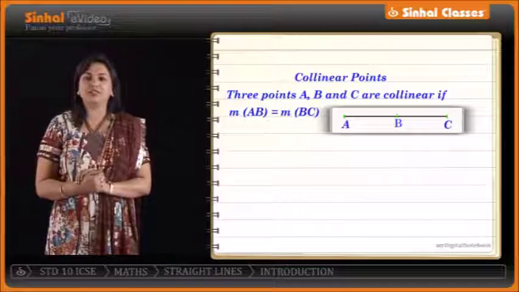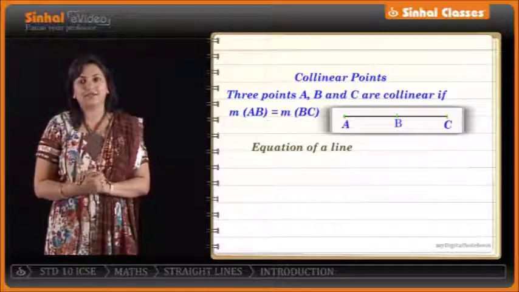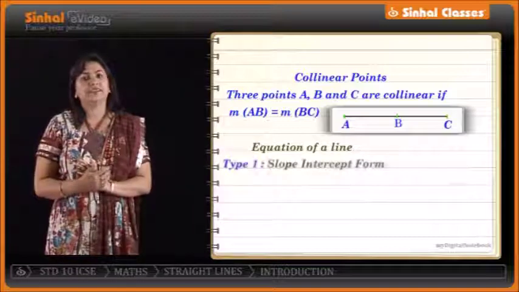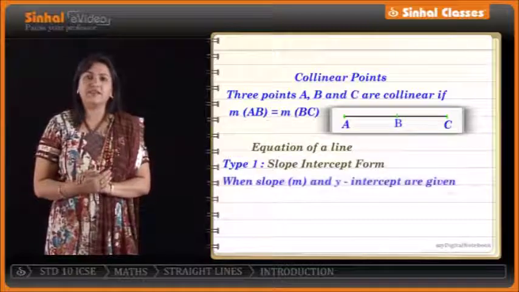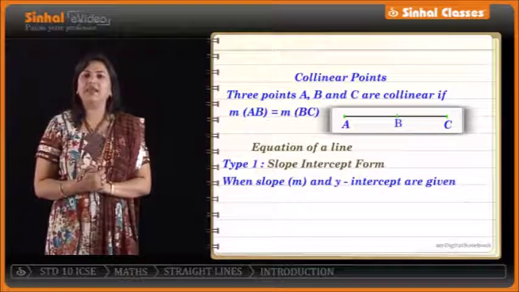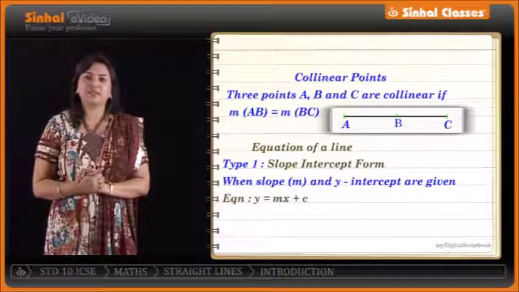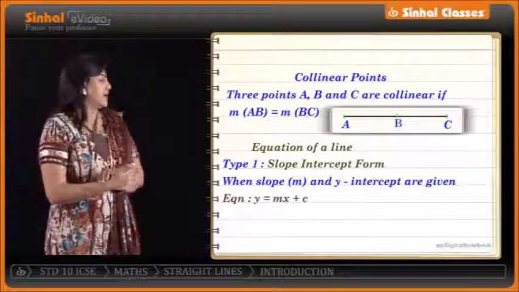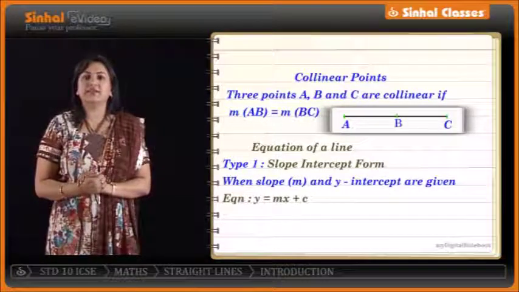Now we take the equation of the line finally. How can we form this equation? This can be done using 3 types. Type 1, that is slope-intercept form. When we are given the slope of the line and the y-intercept, the equation can be written as y is equal to mx plus c. Here m is the slope and c is the y-intercept.